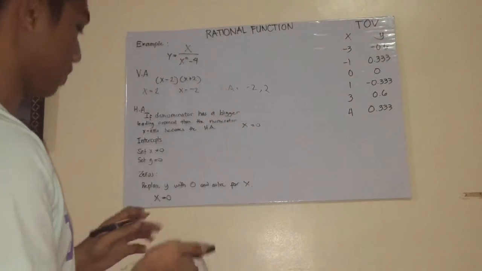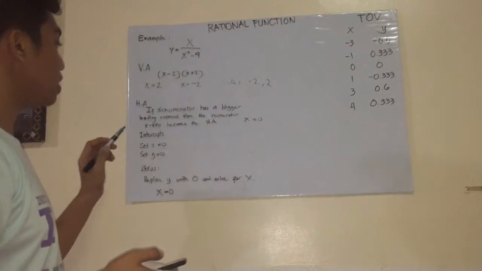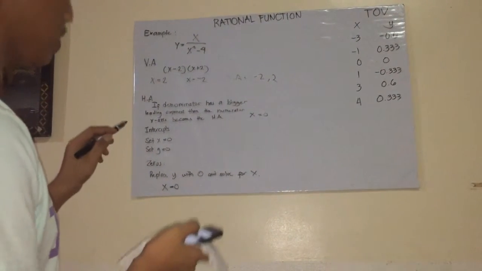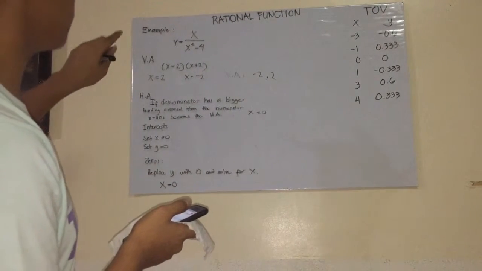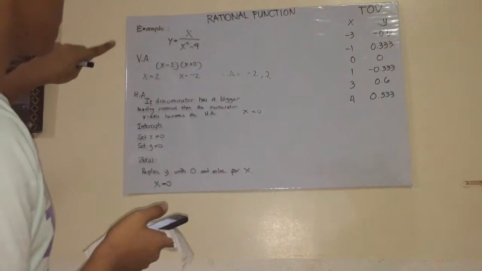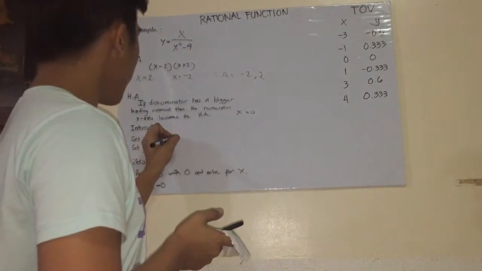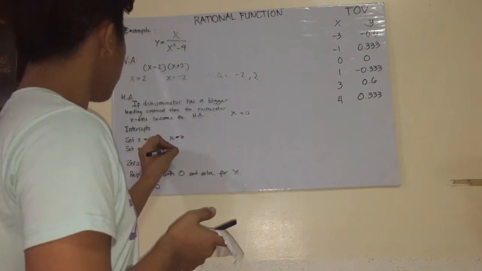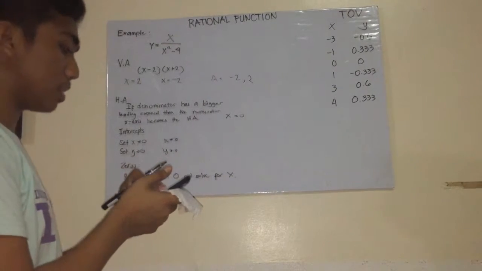So, intercept. So, intercept, set x is to 0 and set y as 0. So, para makuha yun, set lang natin yung bawat ano natin sa 0. So, makuha natin is x is equals to 0 and y is equals to 0. Kasi nga, magiging 0 lang siya sa lahat.